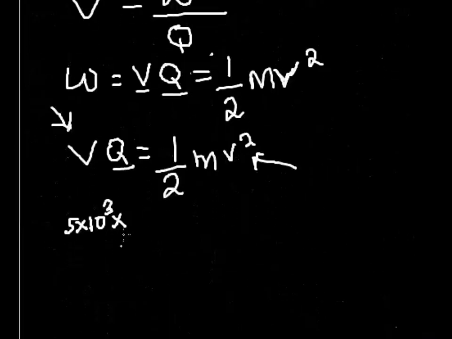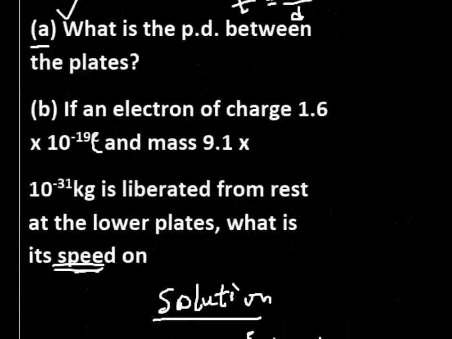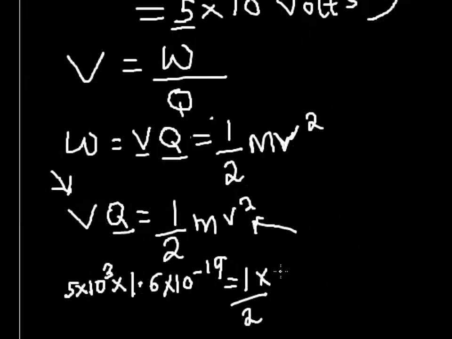So this is going to be times 1.6 times 10 raised to the power minus 19. It's going to be equal to half the mass. What mass are we having? 9.1 times 10 raised to the power minus 31.